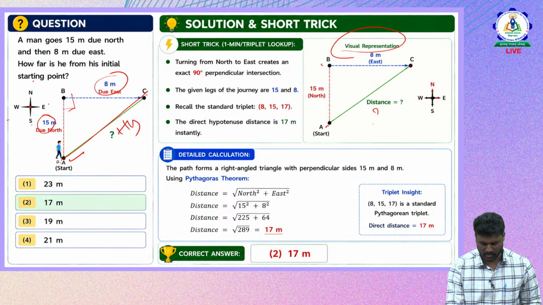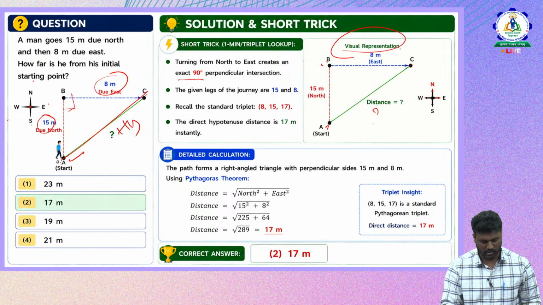Turning from north to east creates exactly a 90 degree, perpendicular intersection. Now the given legs of the journey are 15 and 8. So the base is 15 and the perpendicular is 8 meters.